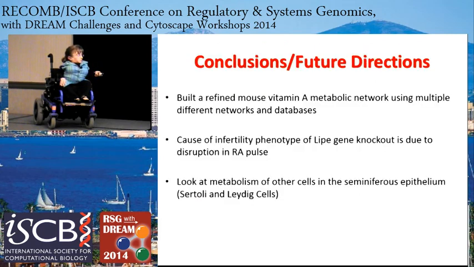With that, I want to conclude that with this project we were able to build a refined mouse vitamin A metabolic network utilizing multiple different databases and networks, and we were able to conclude that the Lipe gene knockout causes an infertility phenotype due to disruption of that RA pulse.